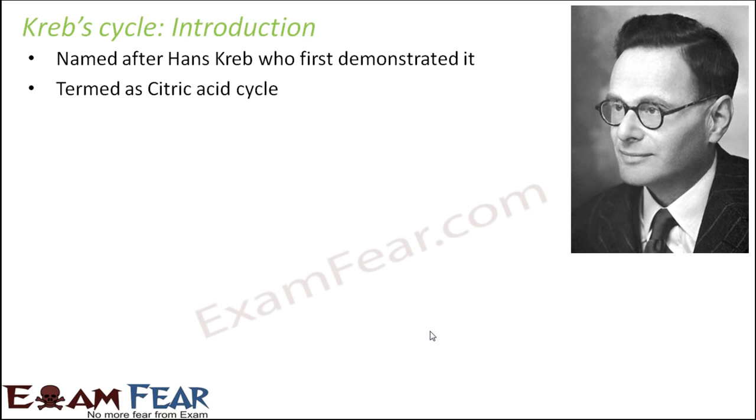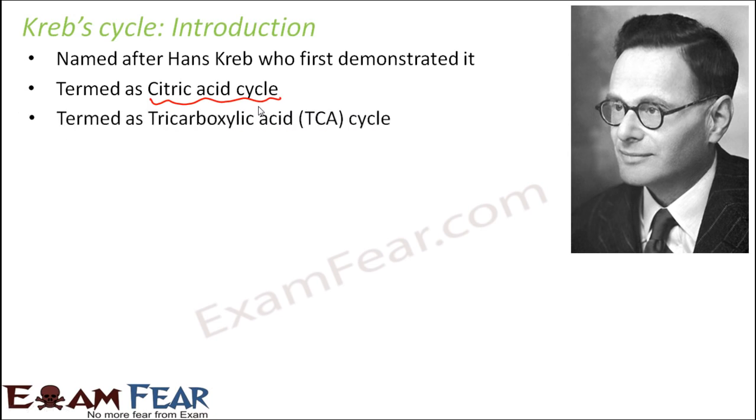It is also known as citric acid cycle. Why is it called citric acid? Because the first stable product which is formed here is citric acid. That is why it is called citric acid cycle. It is also known as tricarboxylic acid cycle or TCA cycle. Why tricarboxylic acid? Because the citric acid has 3 carboxyl groups.